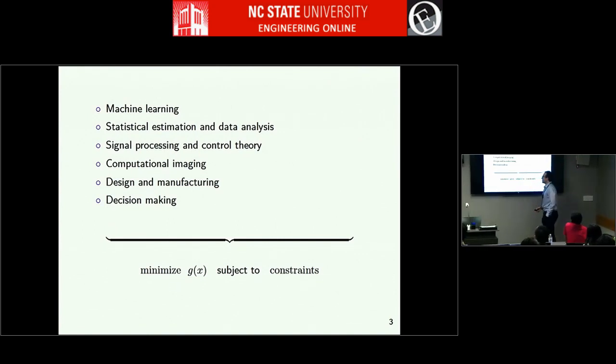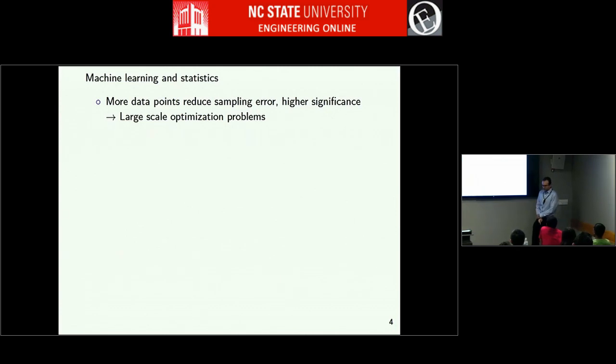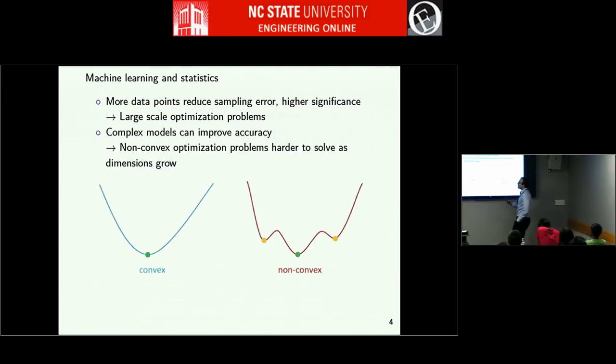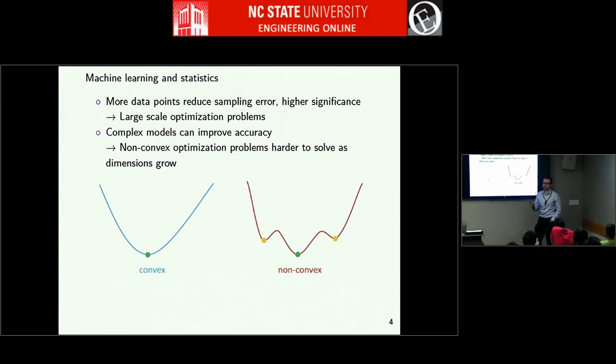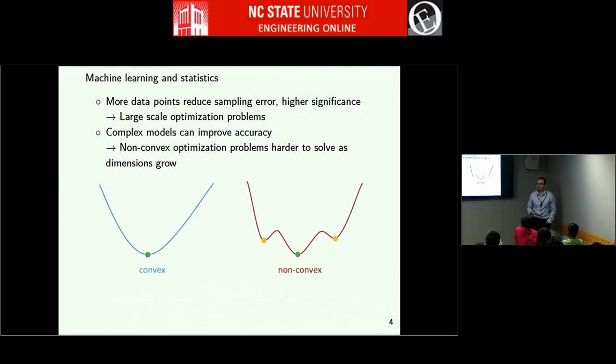So that's the problem with big data. As you get more data points, you usually increase accuracy. But now we have to solve very large-scale problems. And if you use more complex models, like very complex deep nets, these problems become non-convex. They are even harder to optimize.